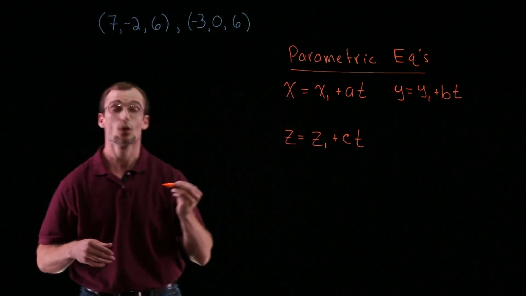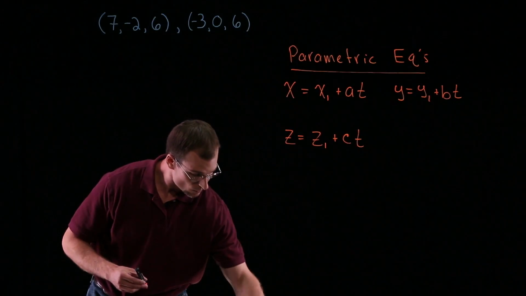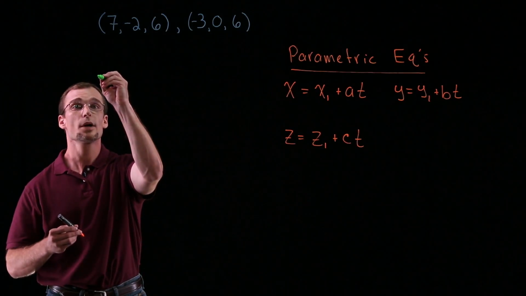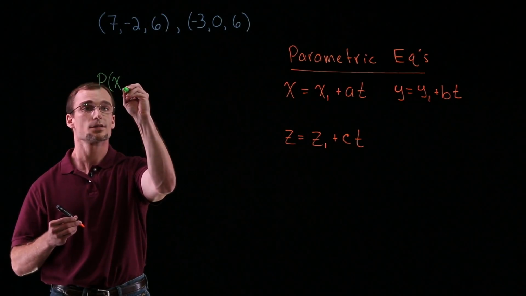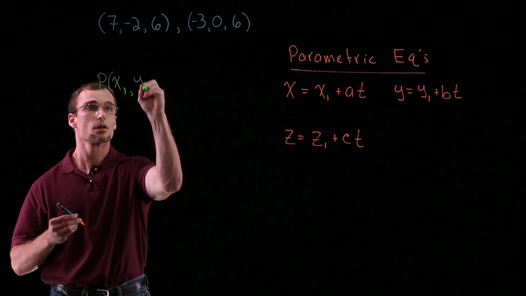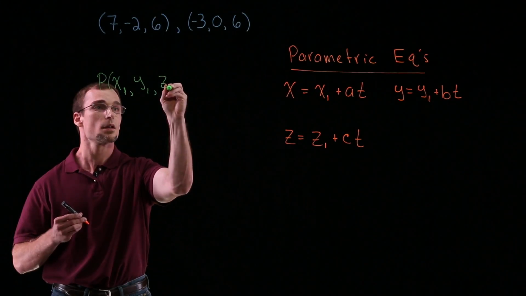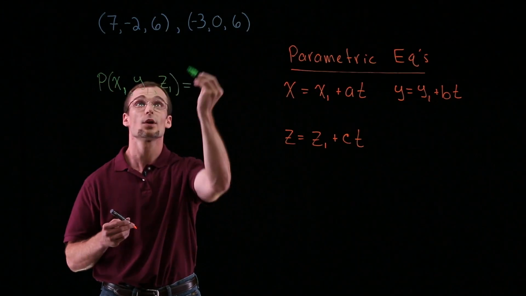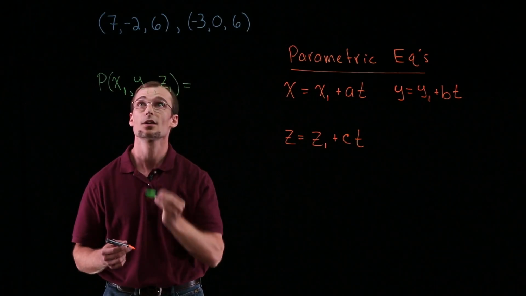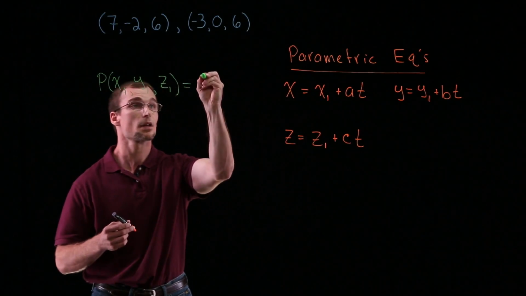So what we need, as we just said, is a point on the line, so some point with coordinates x1, y1, z1. Well, we're trying to find the line through 2 points, so we could really pick either one of these. Let's go ahead and pick just the first point.